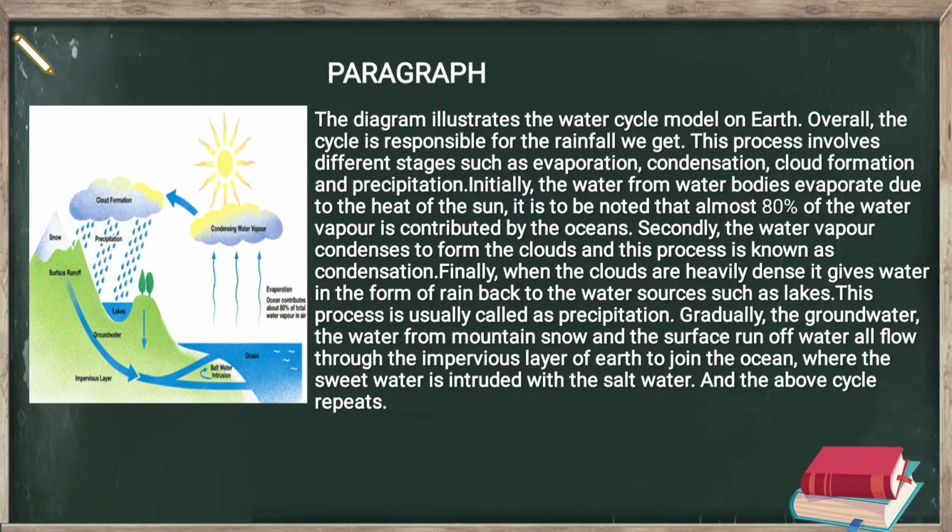This process is usually called precipitation. Gradually, the groundwater, the water from sandstone, and the surface runoff of water flow through the impervious layer of earth to join the ocean, where the sweet water is intruded with the salt water, and the above cycle repeats.